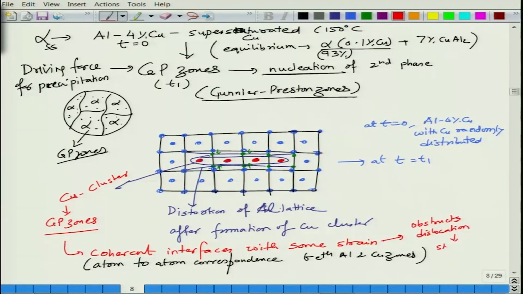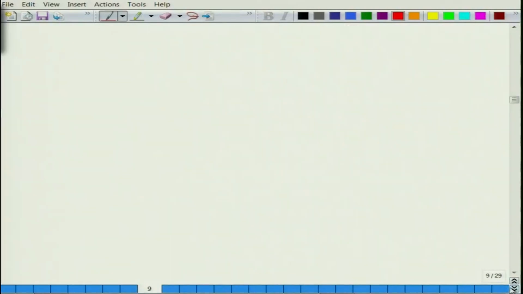As a result, you have some strengthening. So this is, you can say, the first stage. After solid solution strengthening, this is the first stage of precipitation strengthening, okay, first stage of precipitation strengthening.